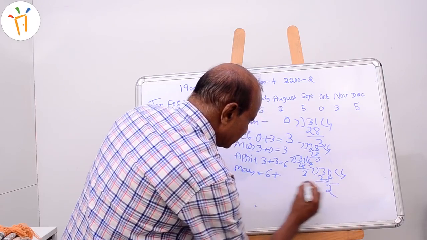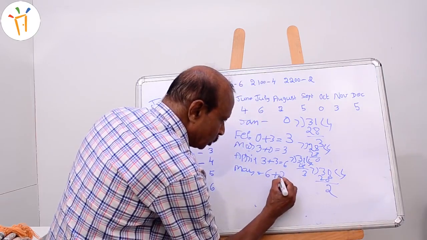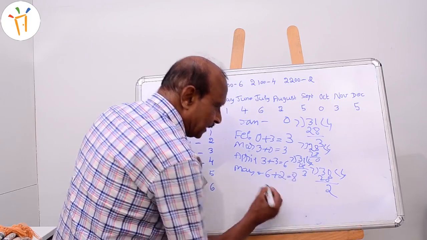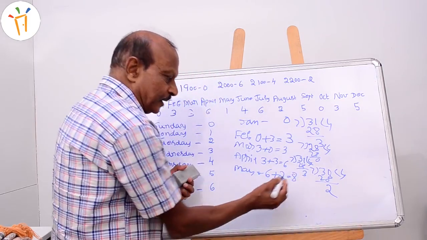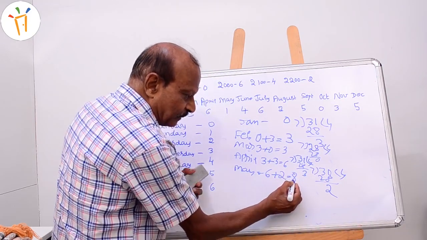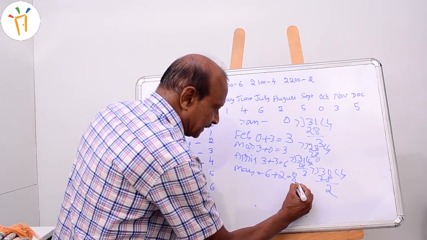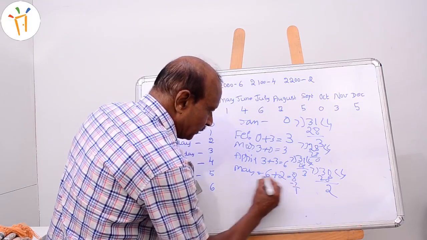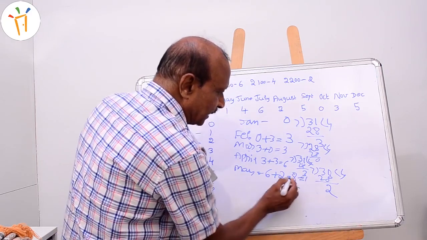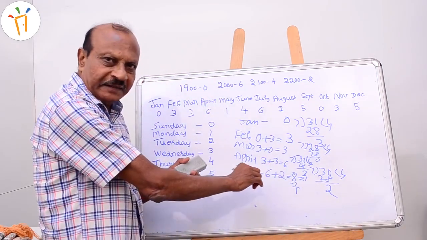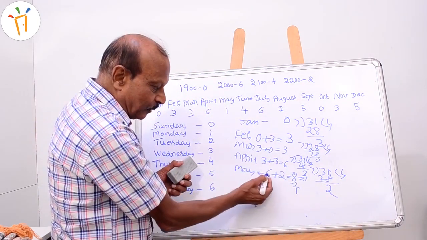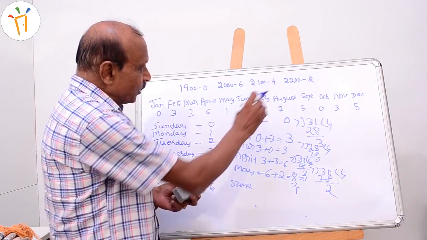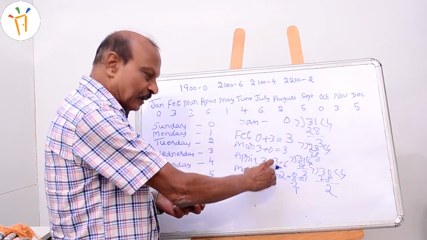The remainder is 2. So 6 plus 2 is equal to 8. It is more than 7, so you subtract 7 from this 8, you get 1. So May is equal to 1. If you get more than 7, you subtract 7. Whatever number you get, put it here. May is 1. In this procedure, you can calculate all the months.